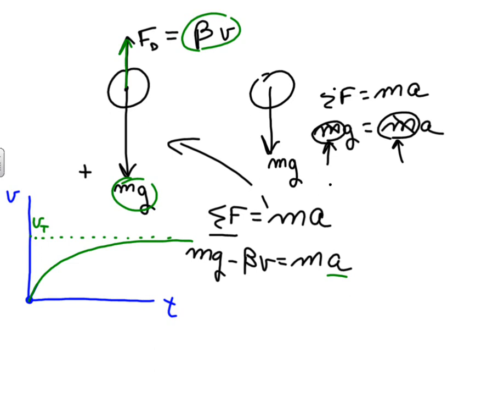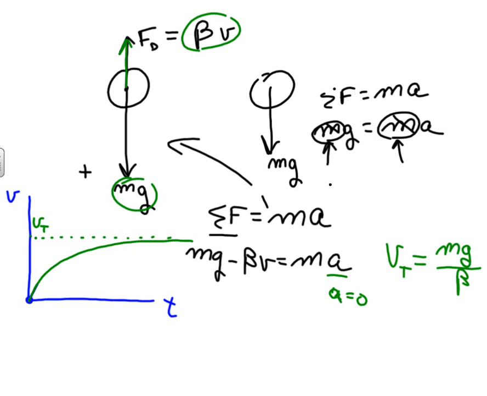You hopefully right now are setting a equal to 0. So what is v terminal? What does that equal? That's it. That's right. mg divided by, we'll call that beta so that you don't call that a b. Okay? mg over beta is the terminal velocity.